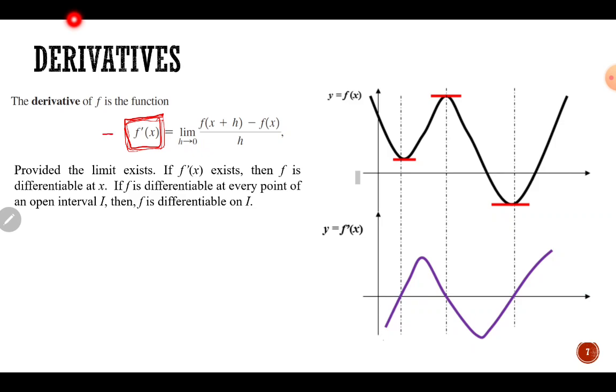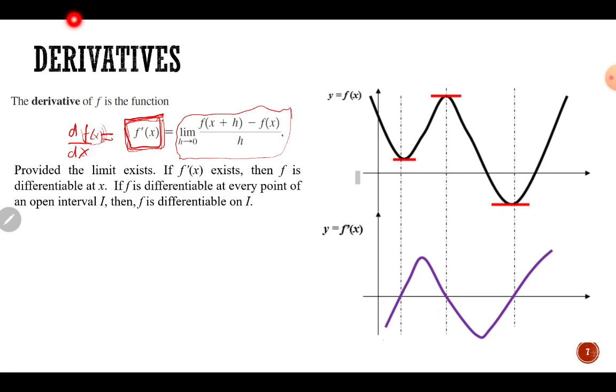Okay, ataupun salah satu cara lagi kita kata df over dx. Okay, f prime x tu maknanya d of f(x) dx, maknanya kita differentiate the function f(x) with respect to x at a point x.